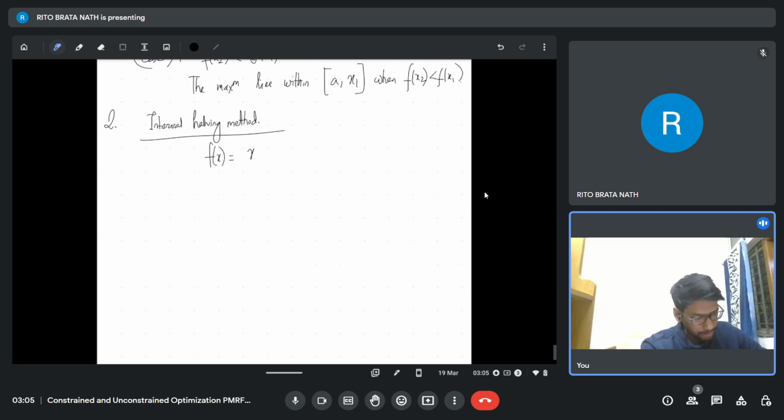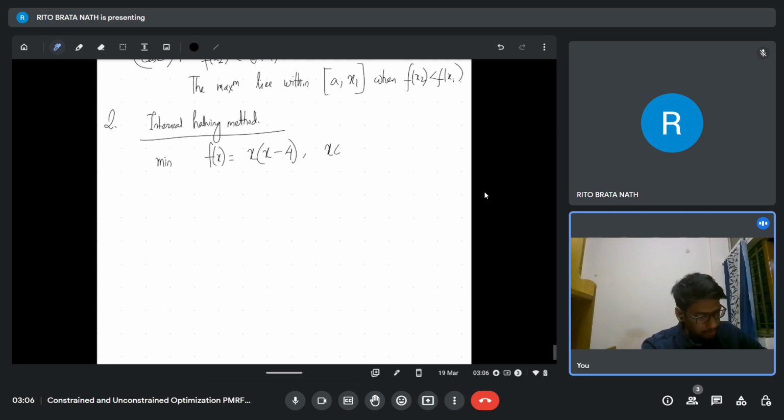Let me take it as x times (x minus 4), minimization of this, x belonging to [0, 1]. So this is within 10% of the exact value using the interval halving method, which I have already written.